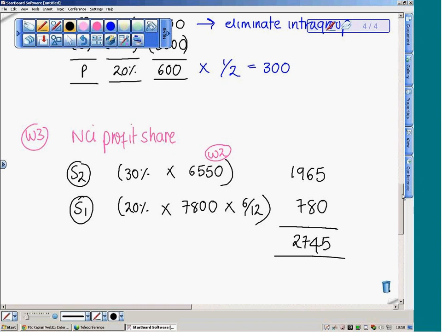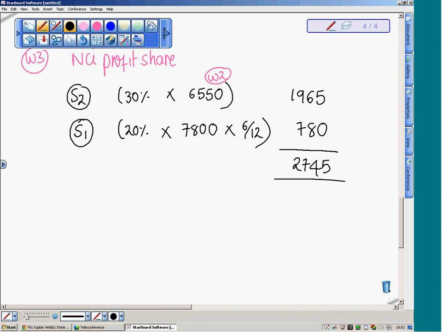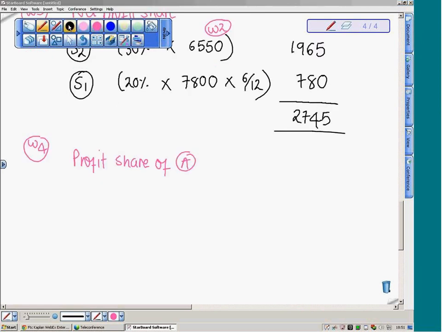Okay. Continue on to factor in 18.4. Because it's an associate, I have to derive the profit share of the associate. And the way that I take that is my percentage of the associate profit after tax. Okay. For us, that's going to be the 40% multiplied by the 6,400.